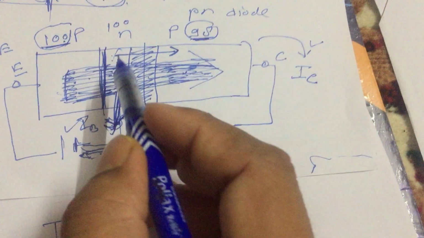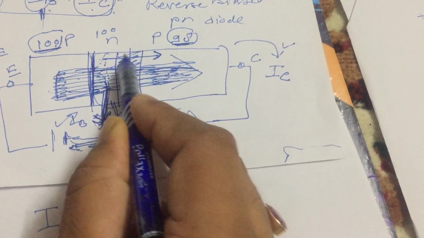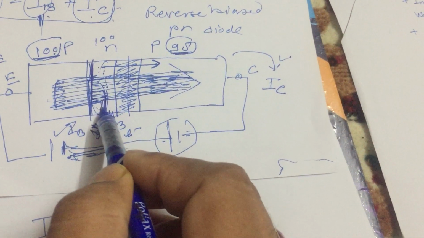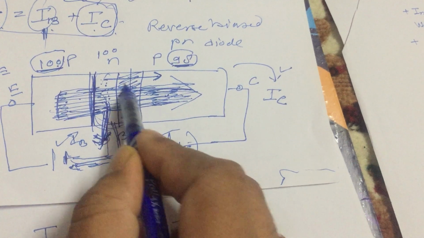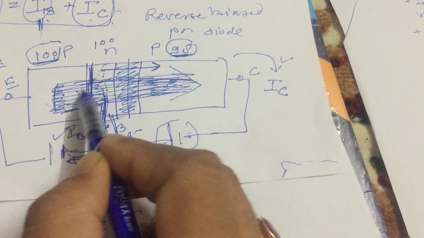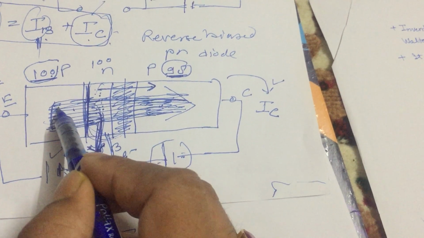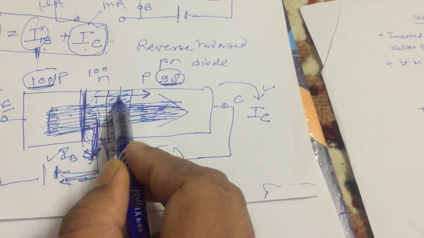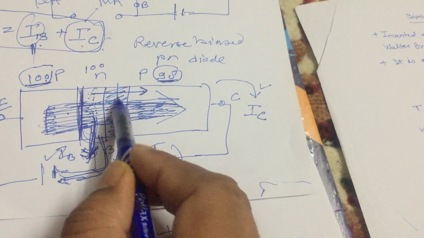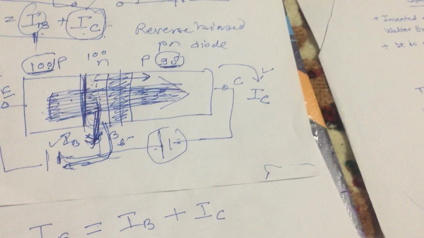If the size of the base is larger, then what will happen? If the size of the base is larger, then there is more time to recombine inside the base. If this region is longer, the electrons and holes get more time to recombine.